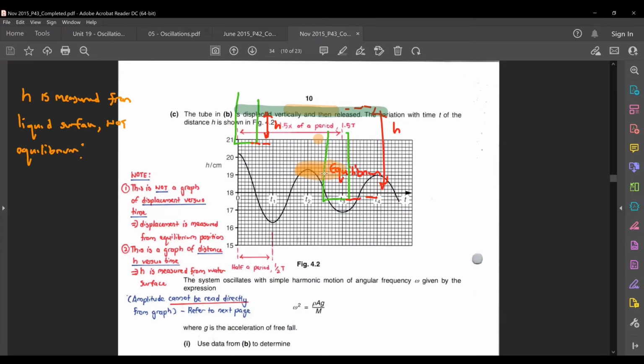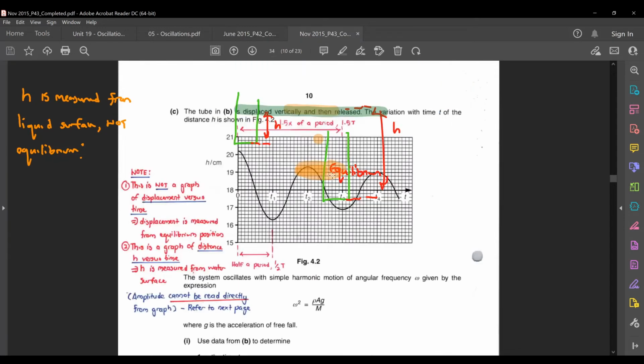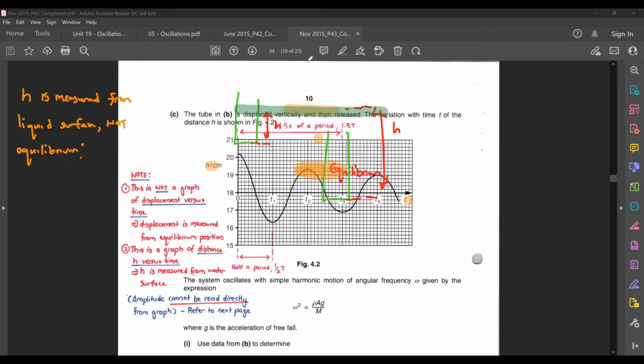So how then are you going to find the amplitude? If you just read the graph as it is right now, you know this point here represents the amplitude, but the amplitude value is not 20 centimeter. That is not correct. So how am I going to find the amplitude?